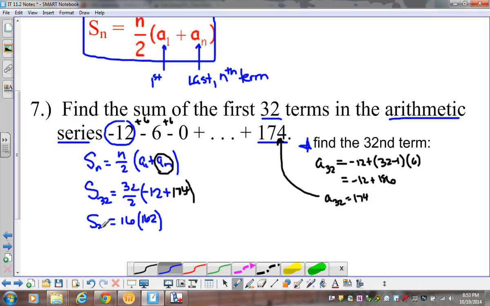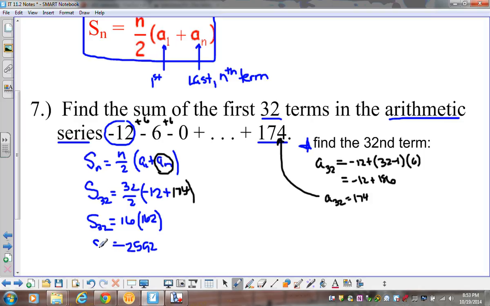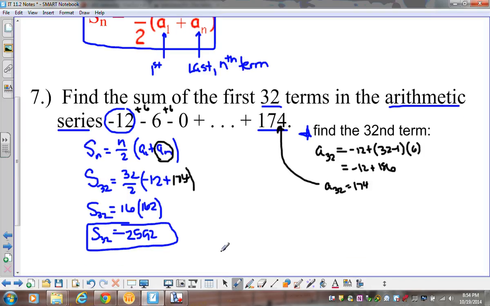So the sum of my first 32 terms, 16 times 162, is 2,592. There you go. So the sum of my first 32 terms is going to be 2,592.